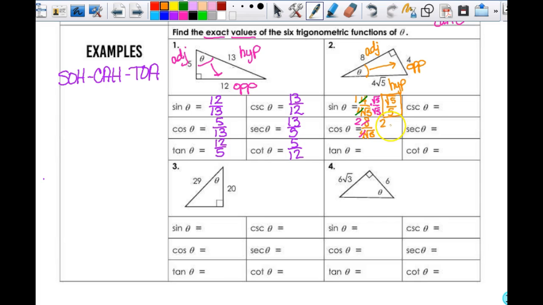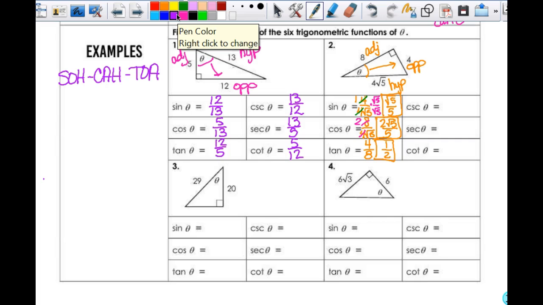I get 2 square root of 5 over 5. Okay. Then tangent of theta is opposite over adjacent, so that is 4 over 8, and that reduces to 1/2. Okay. Everybody okay with that?